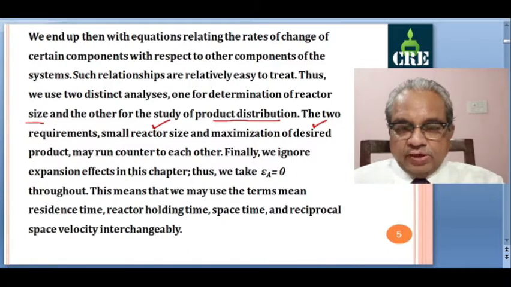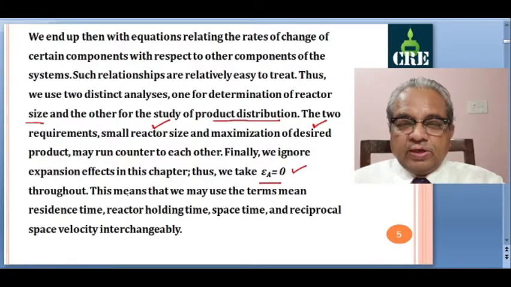Finally, we ignore the expansion effects in this chapter, so epsilon A is 0, a constant density system throughout. This means that we may use the terms mean residence time, reactor holding time, space time, and reciprocal of space velocity interchangeably.